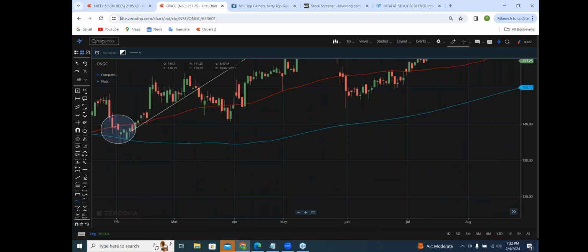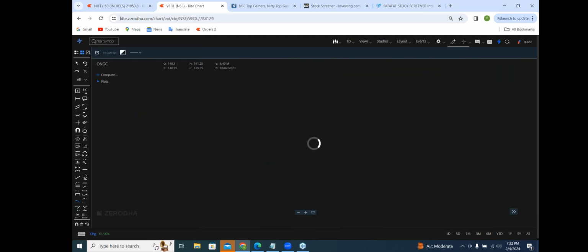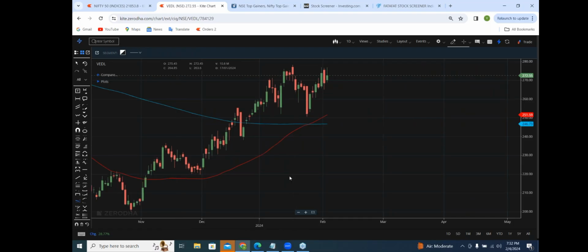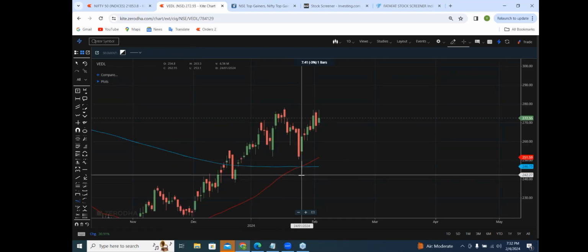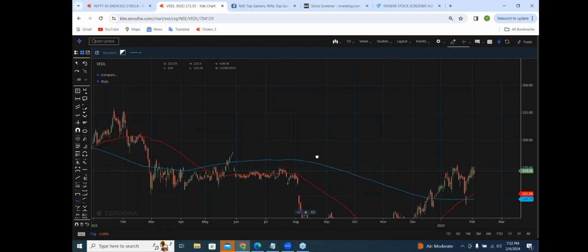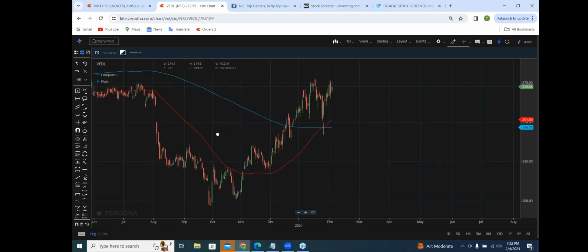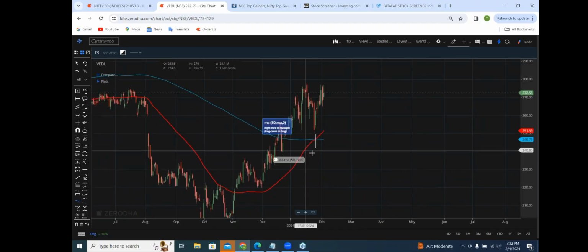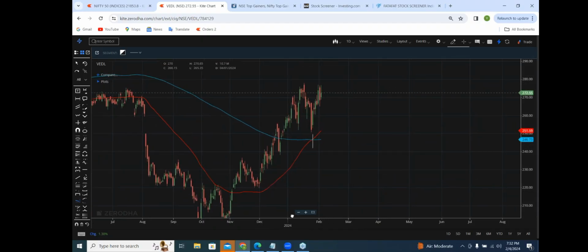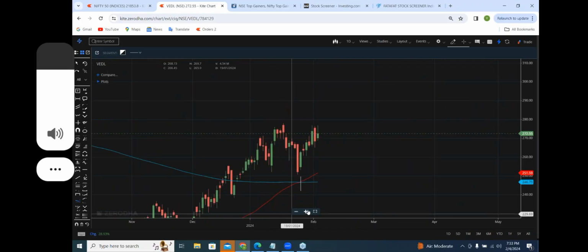So let me check Vedanta Limited. Don't you think you have a beautiful golden cross here? It was in bearish sentiment for almost 9 or 10 months and it worked so beautifully according to our method.